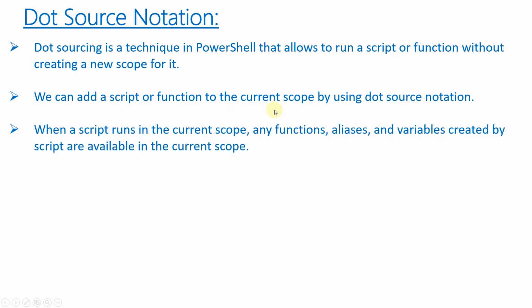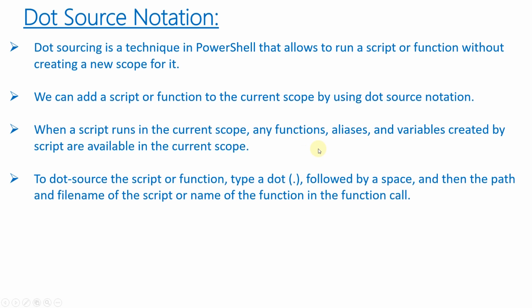If we are using a script with dot source notation and the script is running in the current scope, whatever functions, aliases or variables are available in the script will also become available in the current scope. There is a method to use dot source notation.